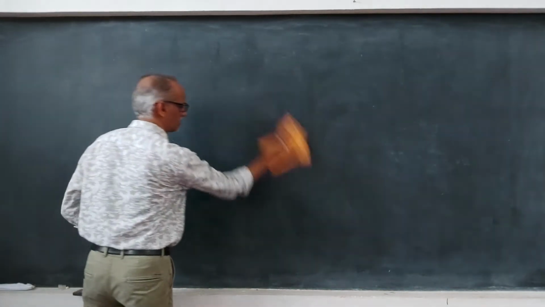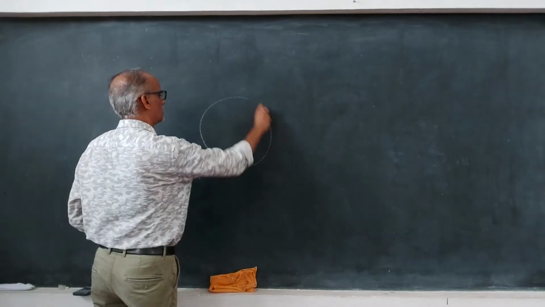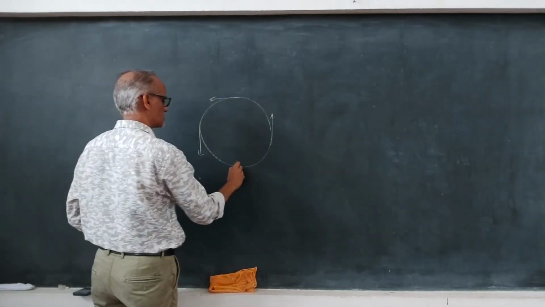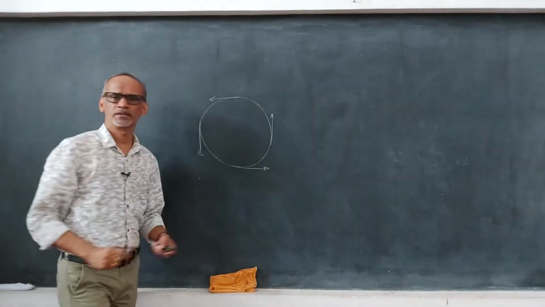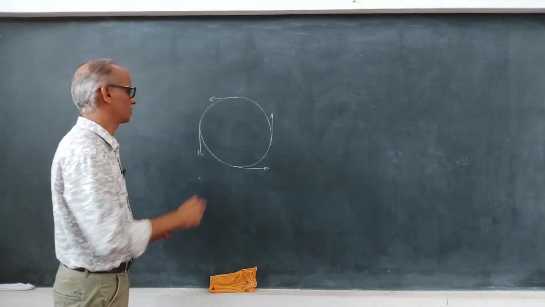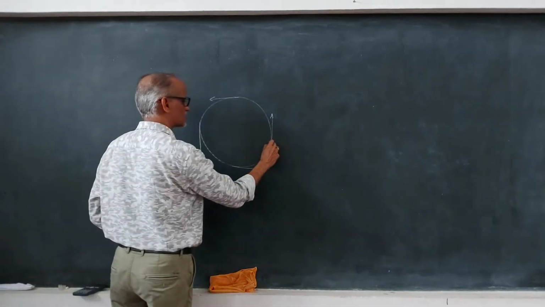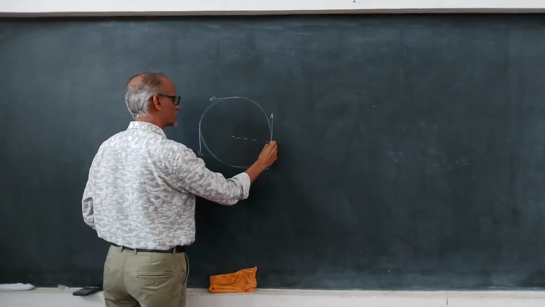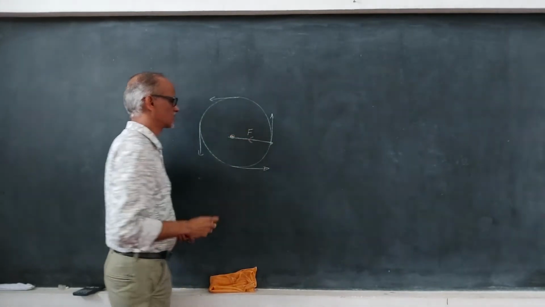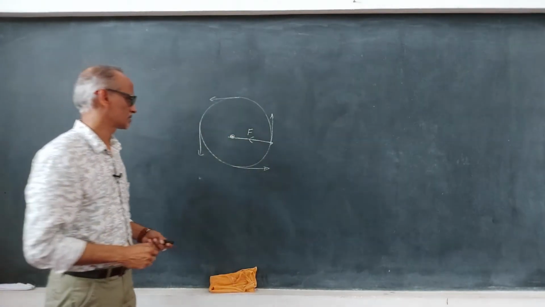Whenever a body moves in a circular path, there is a continuous change in direction. As you all know, a body cannot change its direction by itself unless an external force acts on it. That means there is some force acting on the body, along the radius toward the center of the circular path, and we call that force the centripetal force.